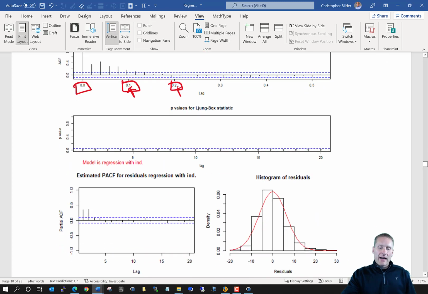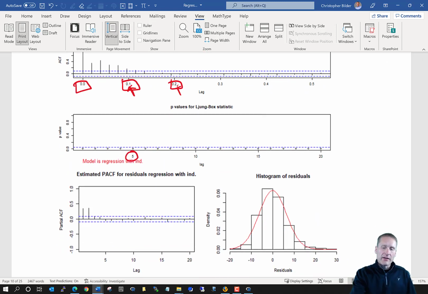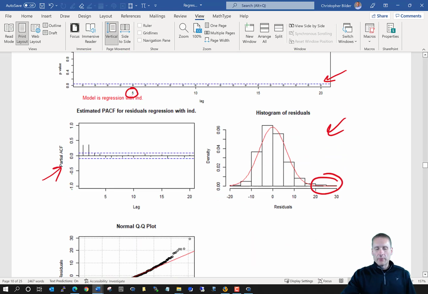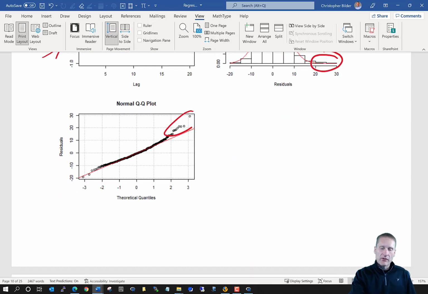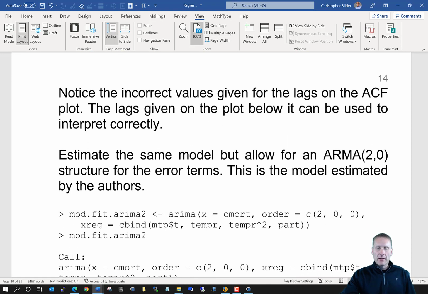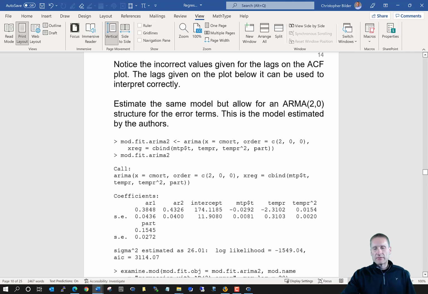The actual lags are correct on the p-values plot for the Ljung-Box-Pierce statistic test. And we can see we have significant autocorrelation. Here's the PACF plot we've seen before. Histogram of the residuals. Looks like we have some right skewness. And that's actually shown in this QQ plot as well. Okay. Let me make this 100% again.